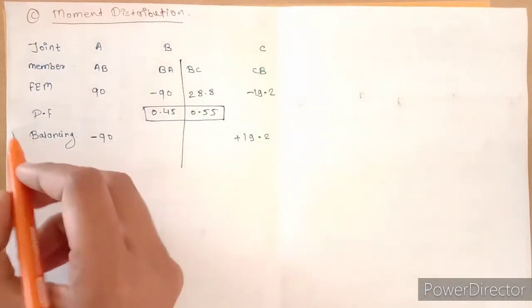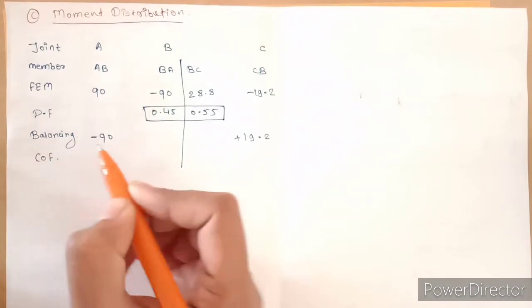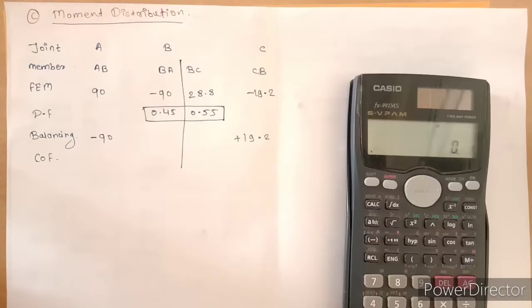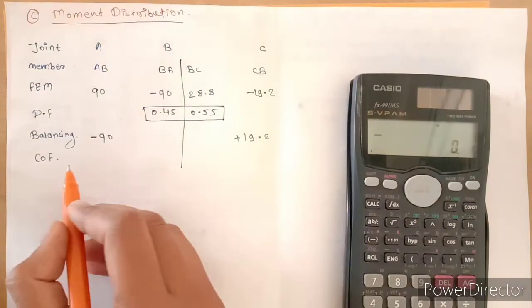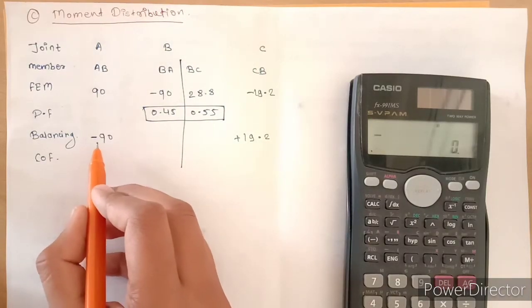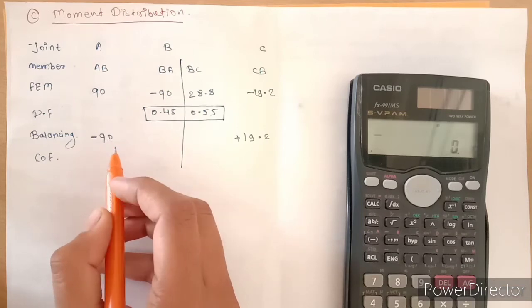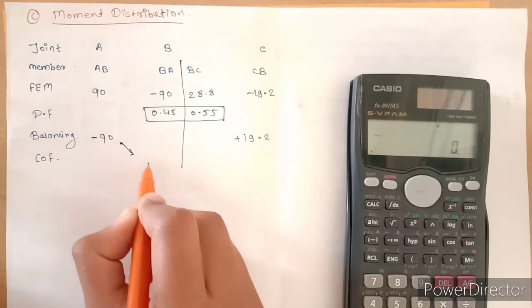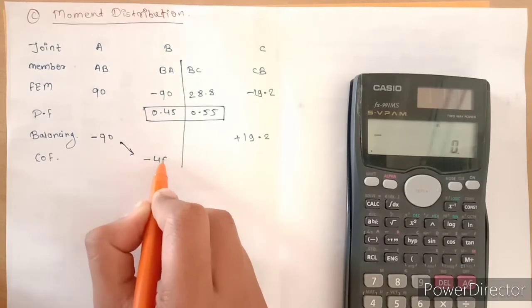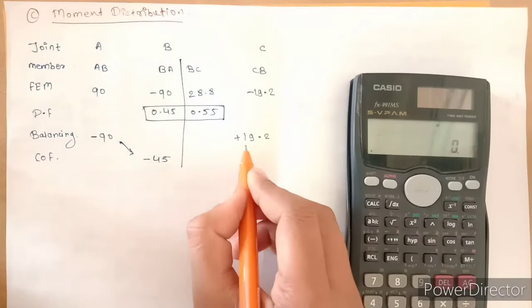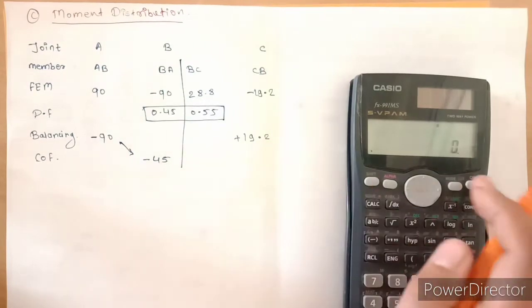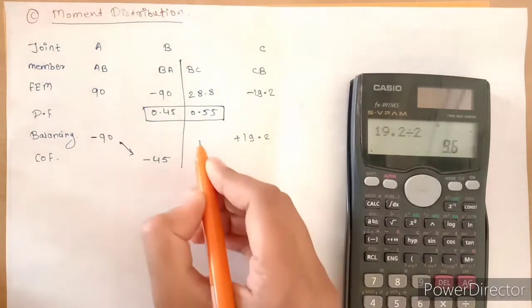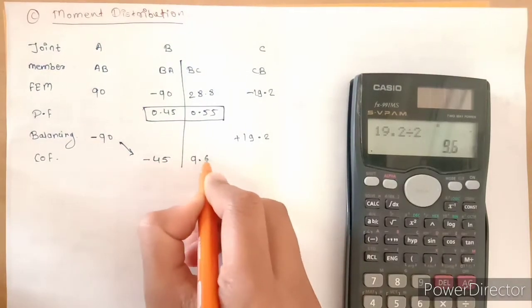Next is the carry over factor. Here minus 90 divided by 2 is minus 45, written over here, and here plus 19.2 divided by 2 is 9.6.